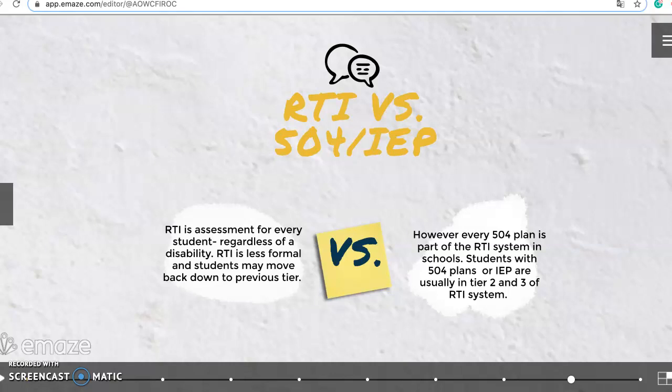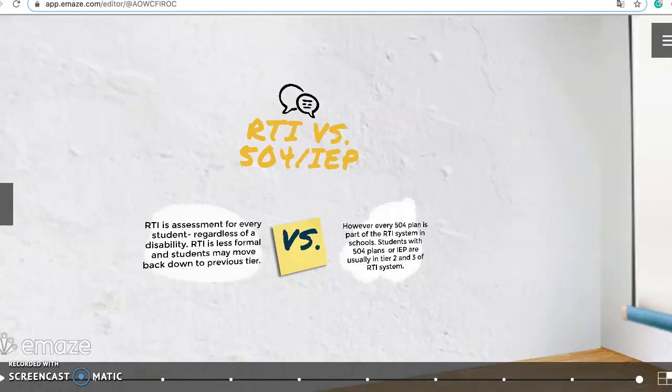Every 504 plan and IEP is part of the RTI system. Students with 504 plans or IEPs are generally in tier 2 or 3 of the RTI system. But the RTI system doesn't necessarily require annual meetings or specific team members. So that's how it greatly differs from the other two support services.